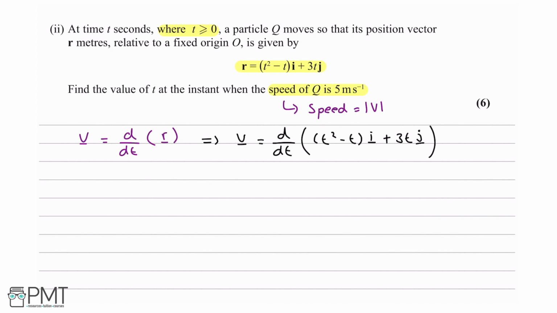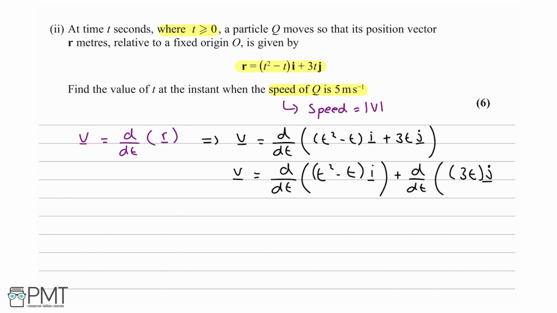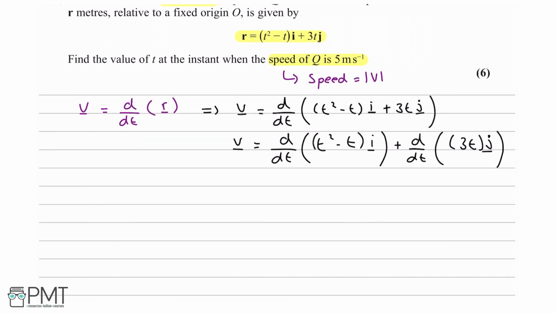What we can do here is split up our derivative. So the velocity equals d by dt of (t squared minus t)i plus d by dt of 3tj. Now we can differentiate it.